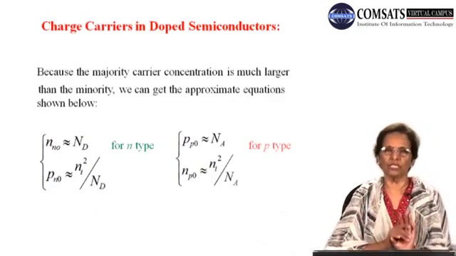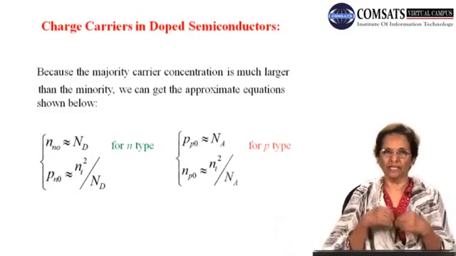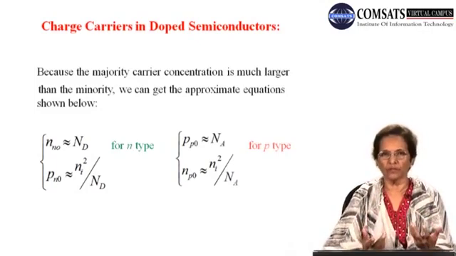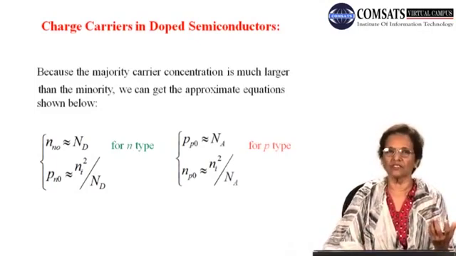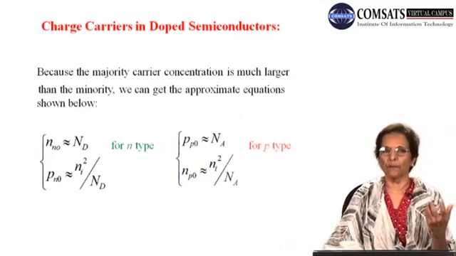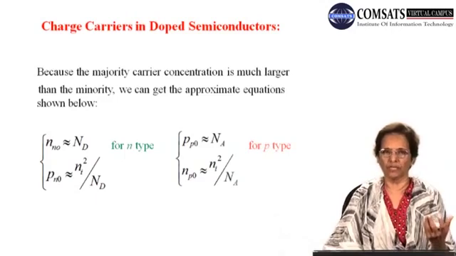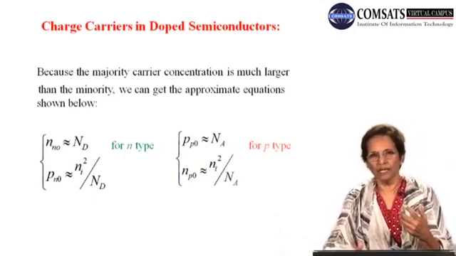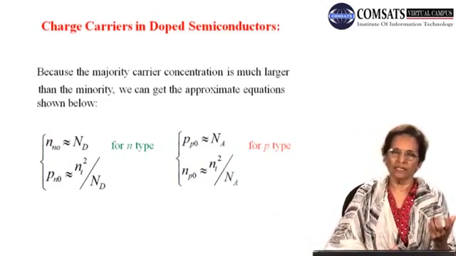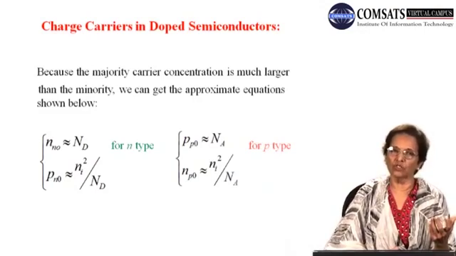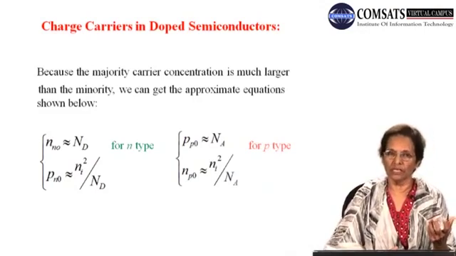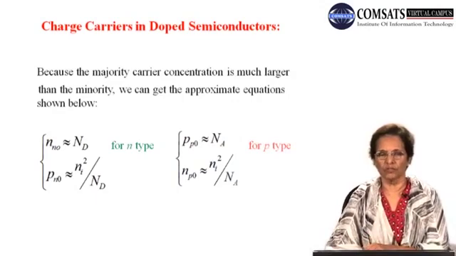But once the material has been doped, and according to our requirement, we have enhanced the concentration of electrons by choosing a dopant from the fifth group rather than from the third group, obviously the concentration of electrons will be much larger than the concentration of holes.